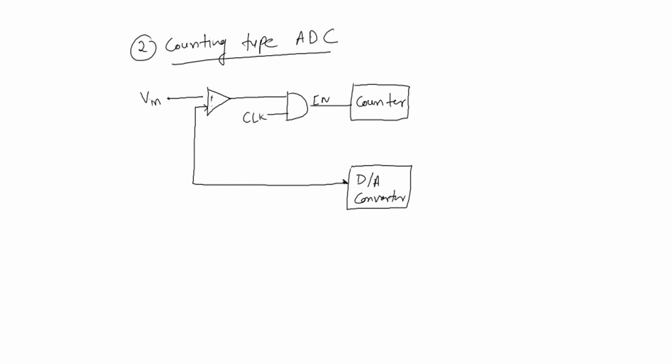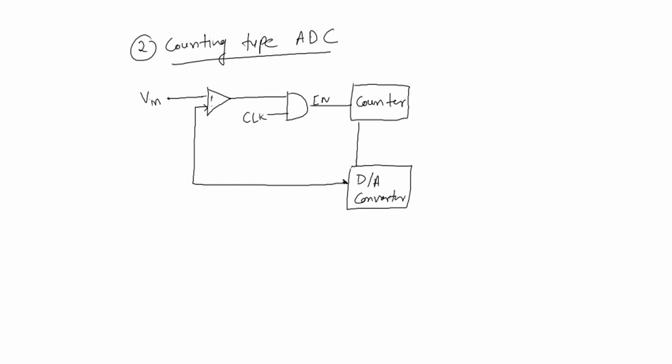So the output is coming from a digital to analog converter, and it is feeding to the op amp, right? So what does the op amp do? The op amp compares the input voltage and the output of the D2A converter. If V in is higher than this one, then the output is 1, otherwise the output will be 0.